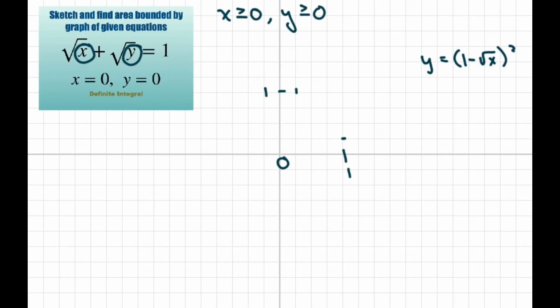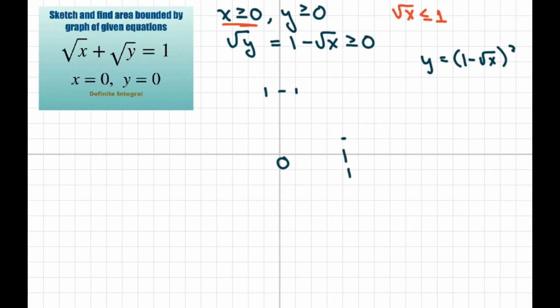And if you solve for y, or let's do square root of y equals 1 minus square root of x, then square root of y has to also be greater than or equal to 0. That would mean that square root of x is less than or equal to 1. Which means, since it's also greater than 0, our x has to be in between 0 and 1.